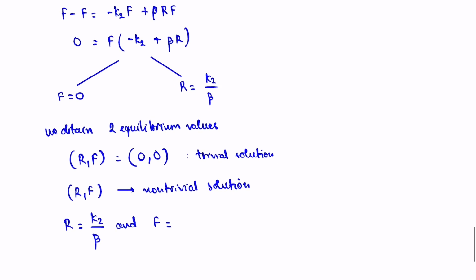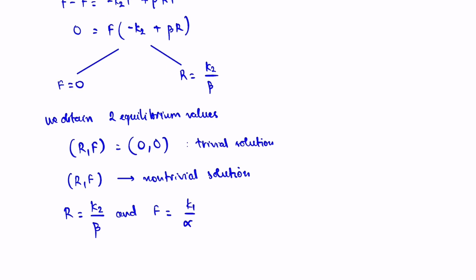So F is equal to K1 over alpha times 1 minus R over L. For R equal to K2 over beta, you get K1 over alpha times 1 minus K2 over beta over L.